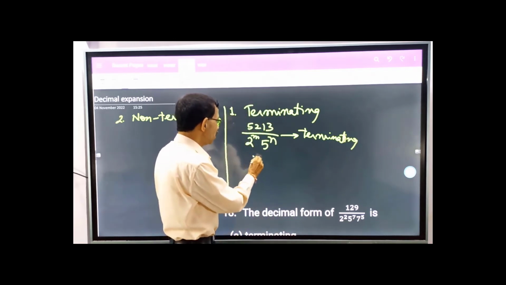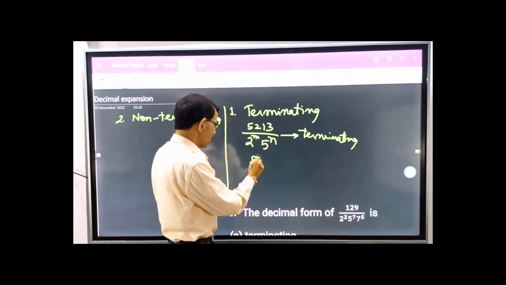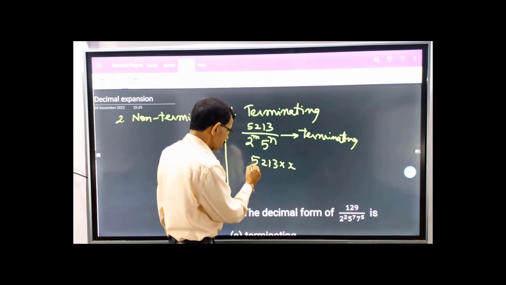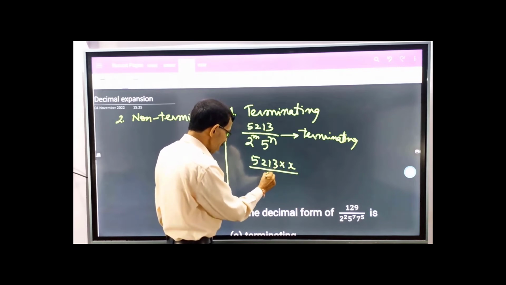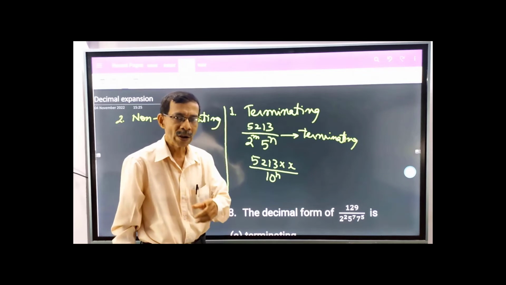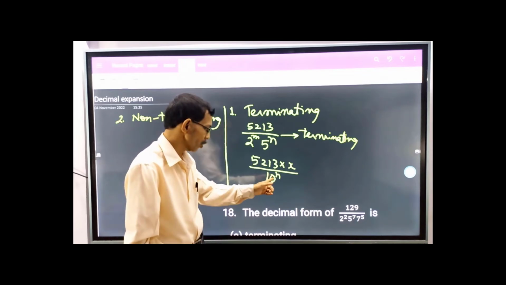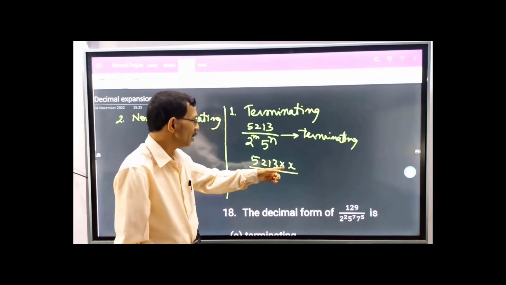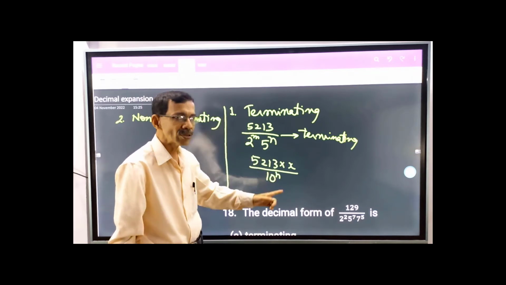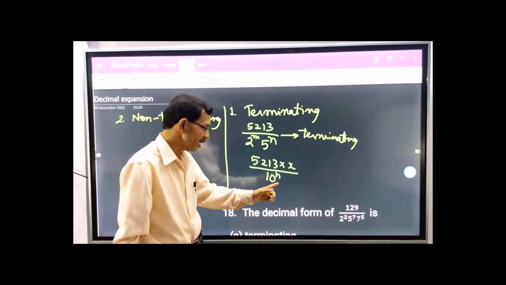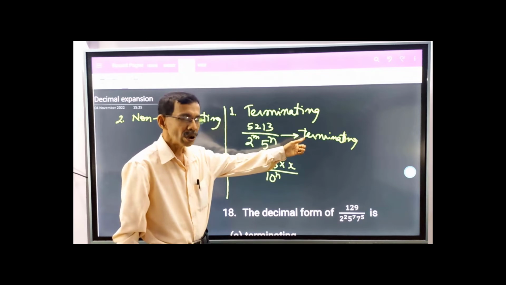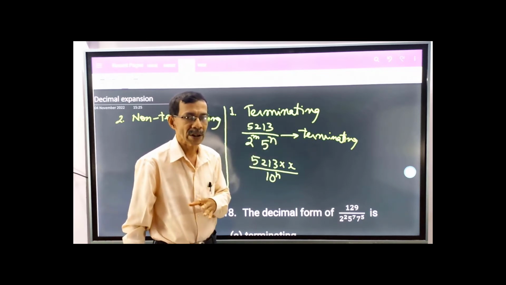Or finally, it should be of the form 5213 multiplied by some number, let's say x, divided by 10 raised to n, where n can be 0, 1, 2, 3, 4 and so on. So if we can reduce the given number to the tune of 10 raised to n, then we can say that the decimal points are terminating.